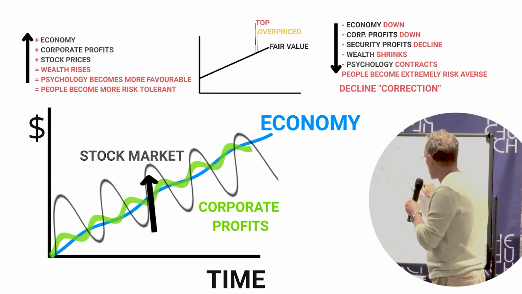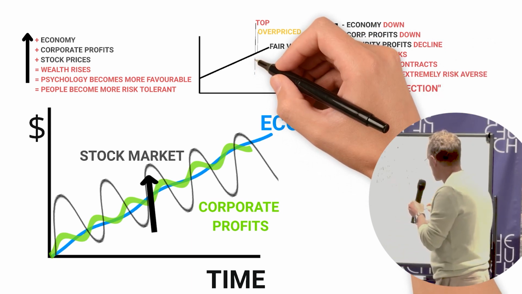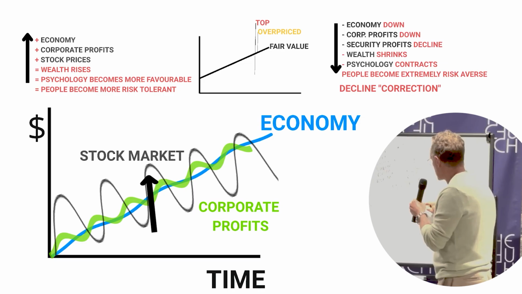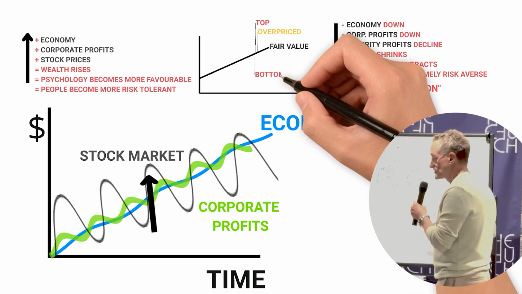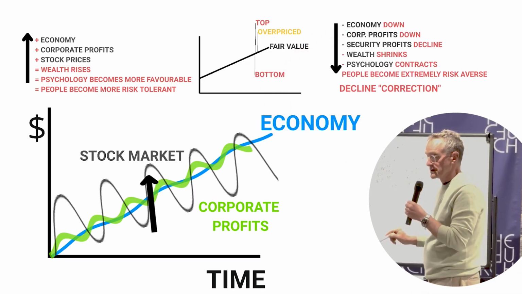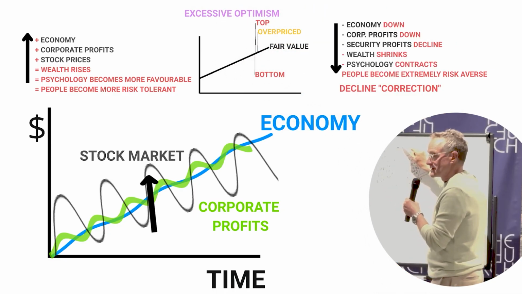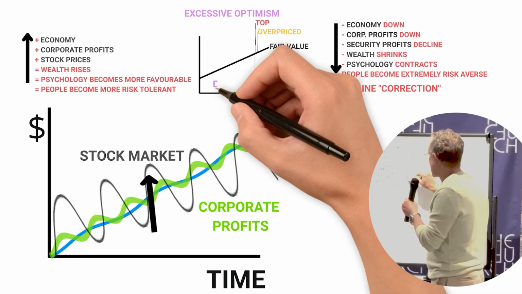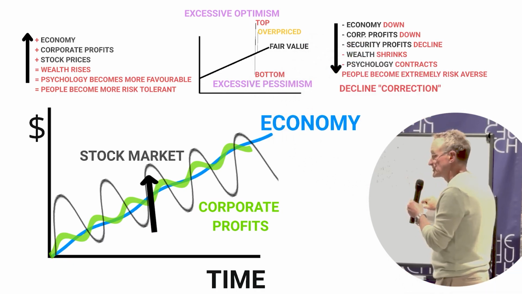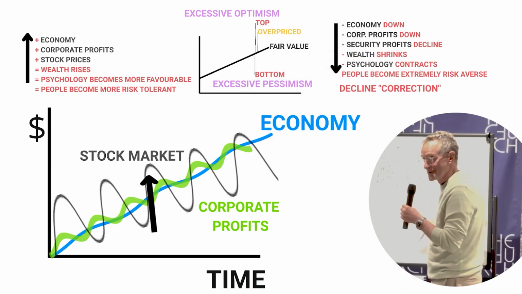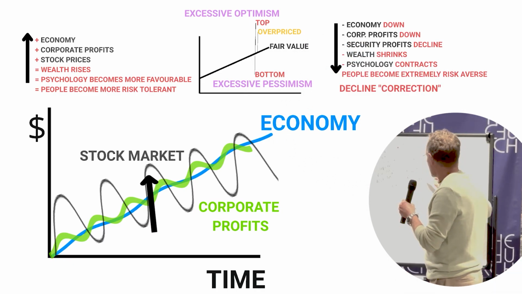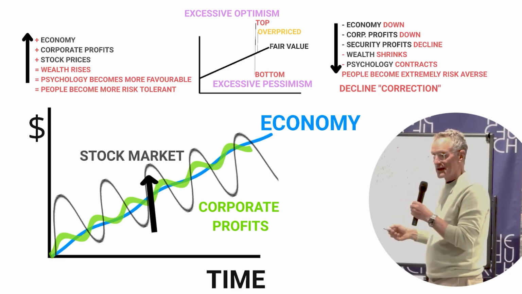But if it goes too far through fair value, it heads down here and eventually reaches what we call a bottom. So this was an excess of optimism. This was a correction of that optimism, which turned into an excess of pessimism, which then is corrected by a move back toward fair value.